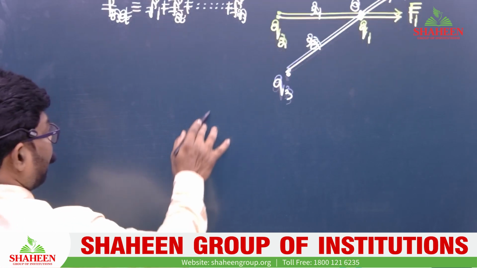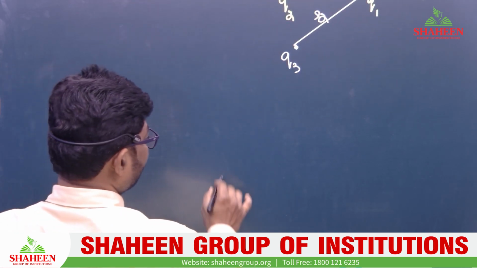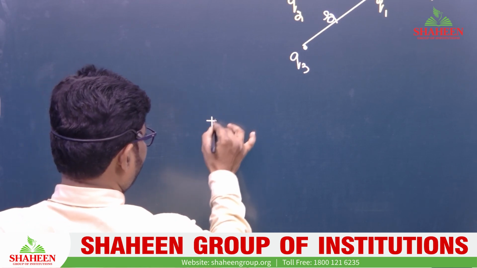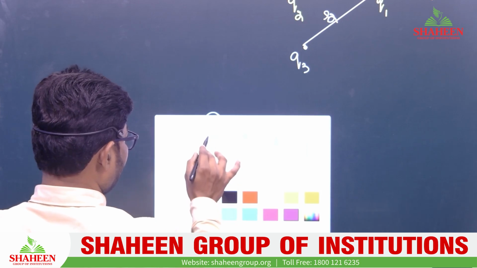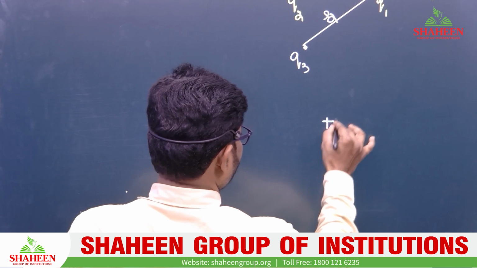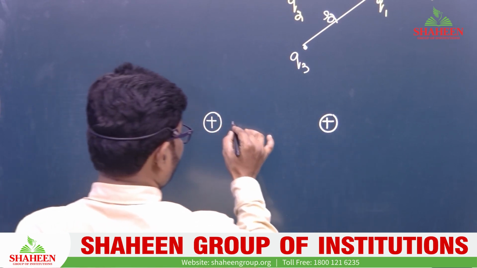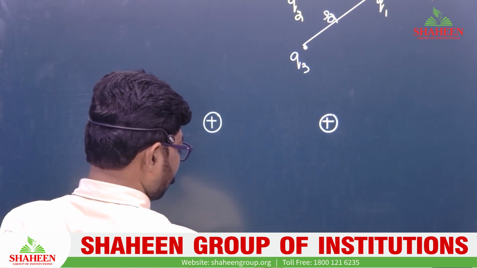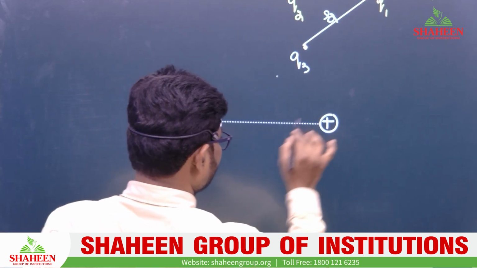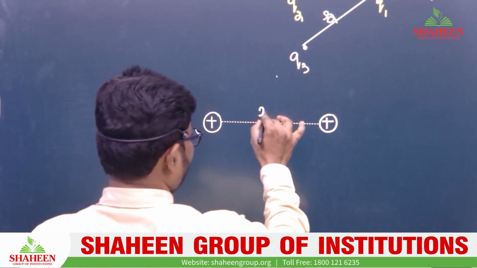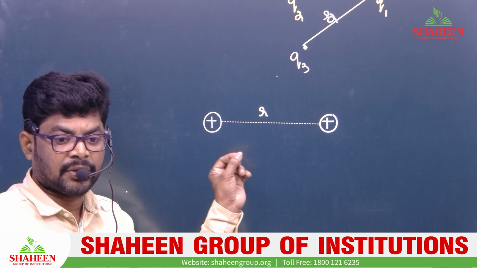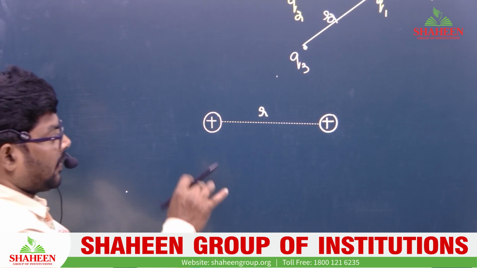Now what is the vector notation? So you can see a very simple format. If it is a positive charge, please listen, both are separated by some distance r. Now what is the direction of the force? How to find out the direction of the force?